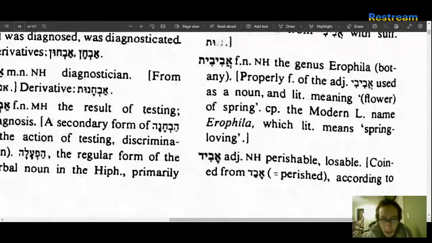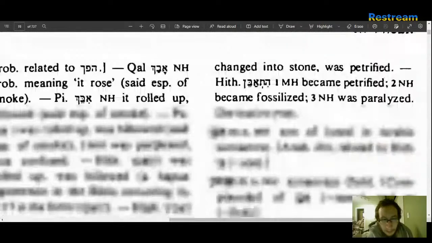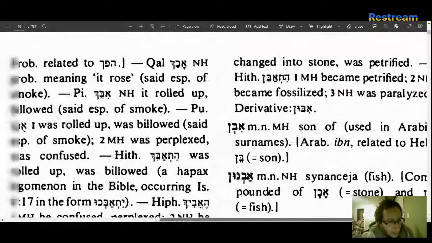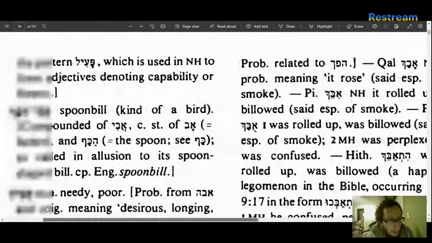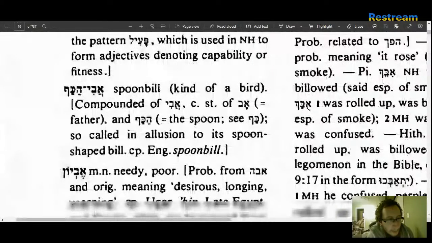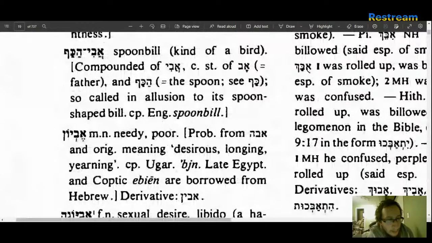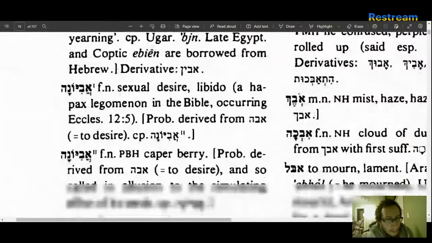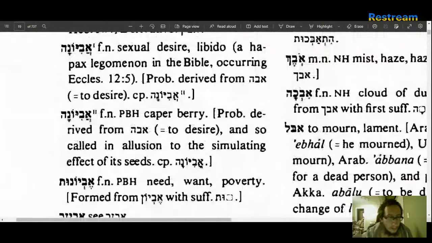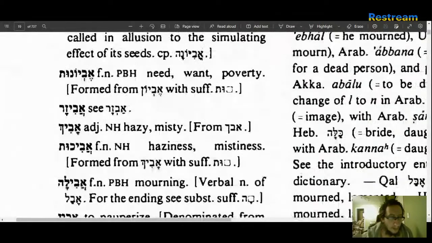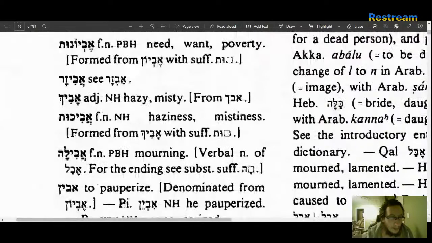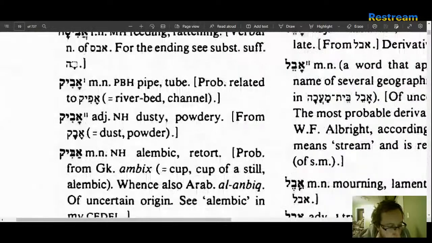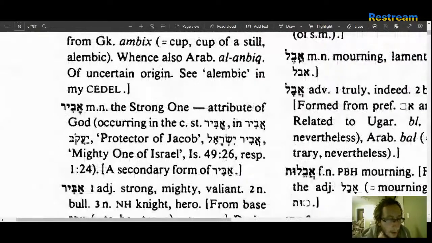Oh, there's a lot of words here that it's not doing at the moment. Okay, so Abir is way down here.